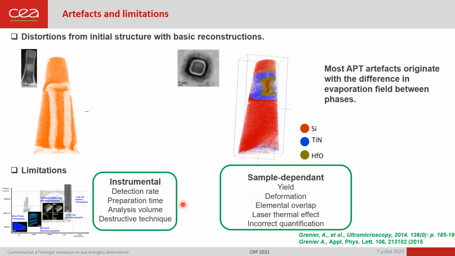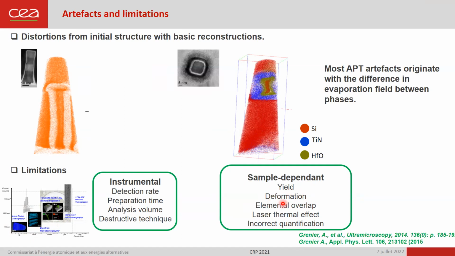The analysis volume is quite small when we compare with electron tomography and X-ray tomography. And obviously, it is a destructive technique. Now, considering sample-dependent limitations, we can mention the yield, which is mainly dependent on the electrical conductivity of the sample.